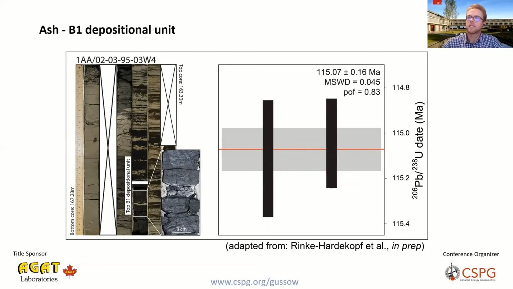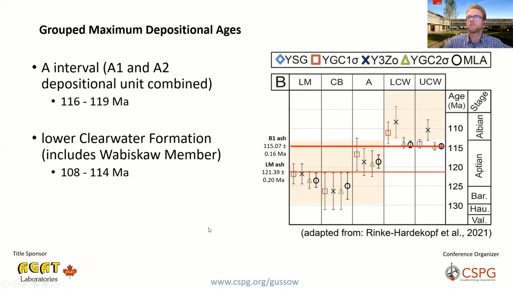So let's compare that to some of the results of these grouped maximum depositional ages. When we have a look at this graph, unfortunately we won't have time to talk about the details today. We see that the different calculated maximum depositional ages for the lower McMurray seem to work really well with the age of the lower McMurray ash, which is great news.